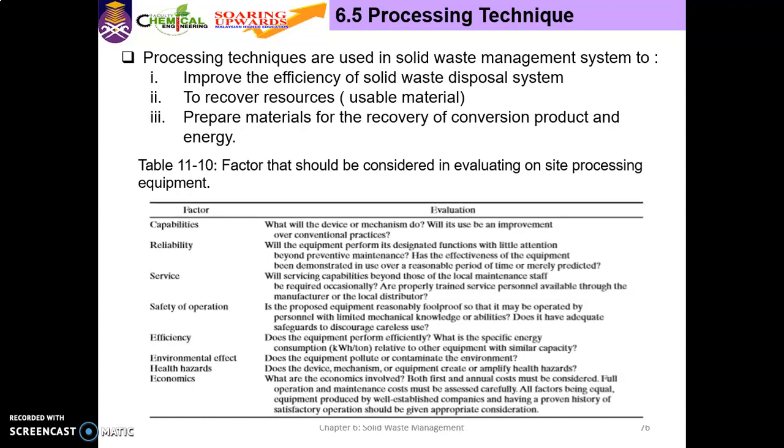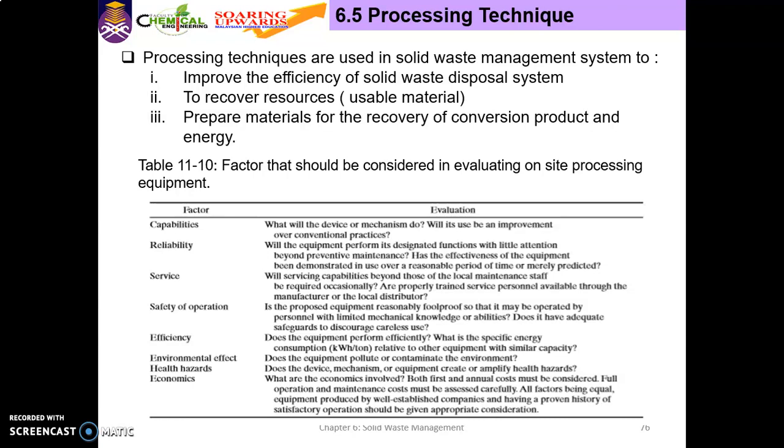Factors that should be considered in evaluating on-site processing equipment. Okay, the first factor is capabilities, whether or not the device can be used to improve the conventional practices. Number 2, reliability: will the equipment perform its designated function?